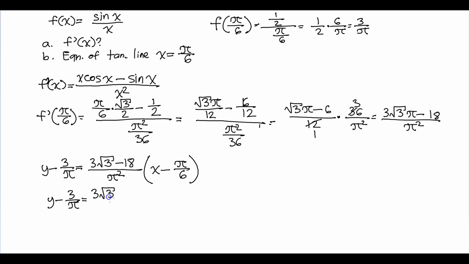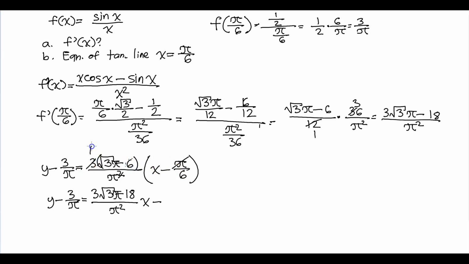Okay, so we're gonna have 3 root 3 pi minus 18 over pi squared x minus, well, this cancels with that. And if you were to rewrite this, oops, there's a pi in here. Almost did it again. Okay, so if we were to rewrite this as minus 6, okay?